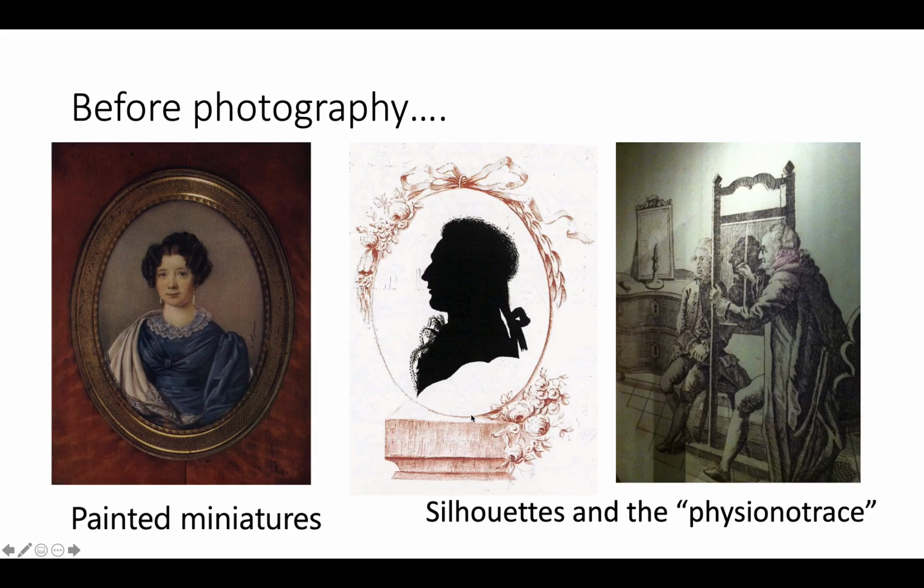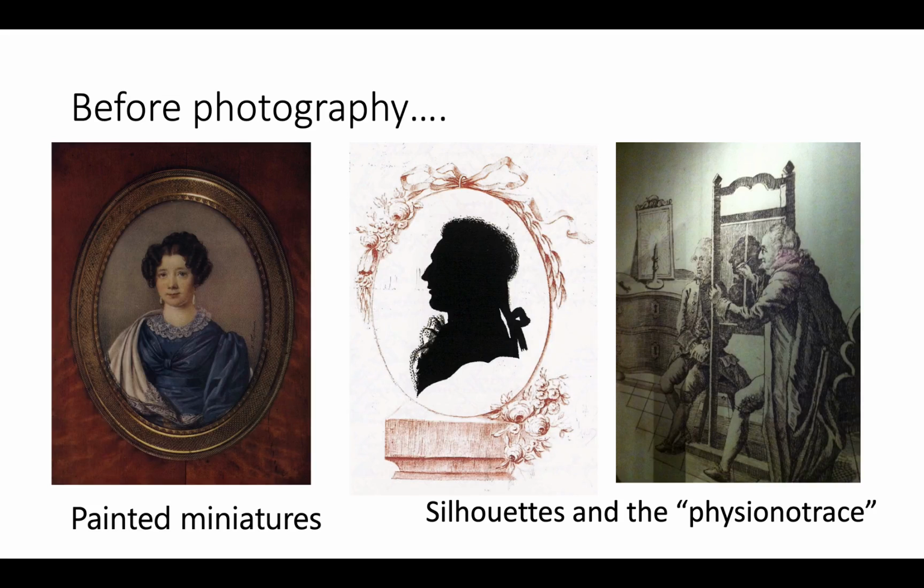Silhouettes: you might go to a professional who would project your silhouette onto a wall and trace it and create a paper cutout or a painting. There was a more sophisticated method called the physionotrace, a machine that traced you out, and the artist would then fill in the details of your face. But these were still all done by hand. They were less expensive than big commission portraits, but still were not exactly photographs.